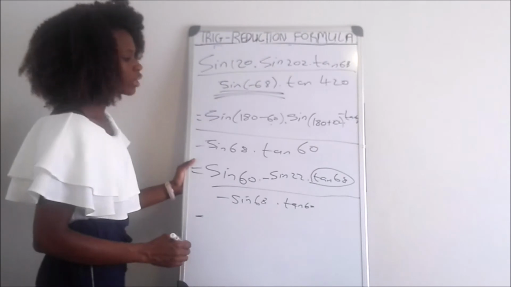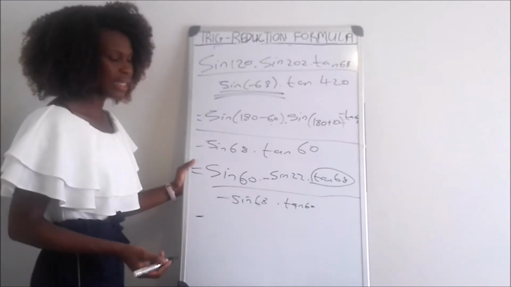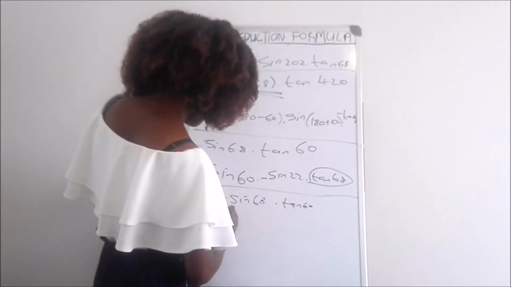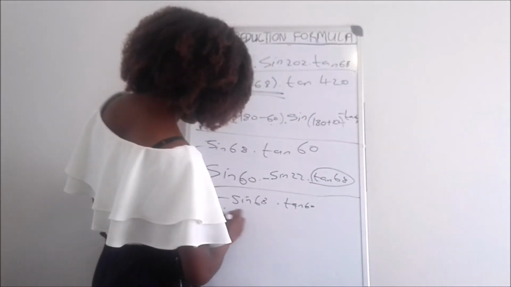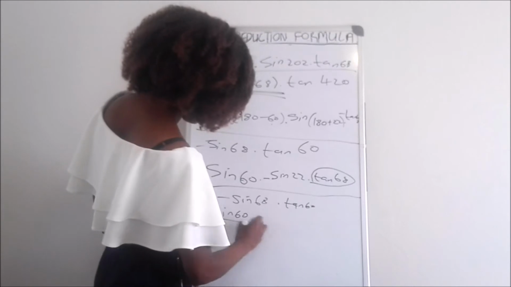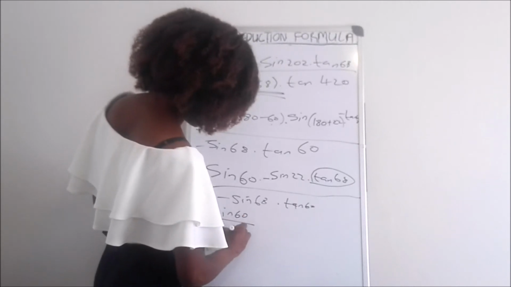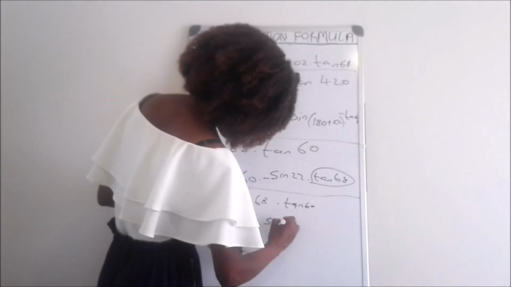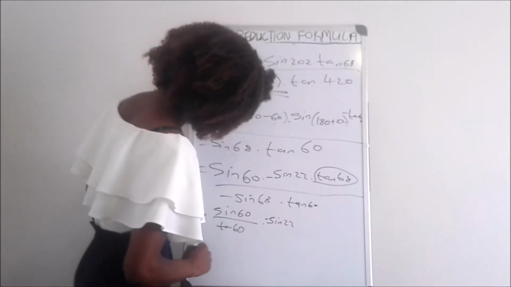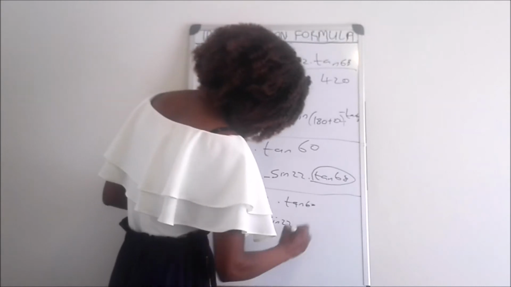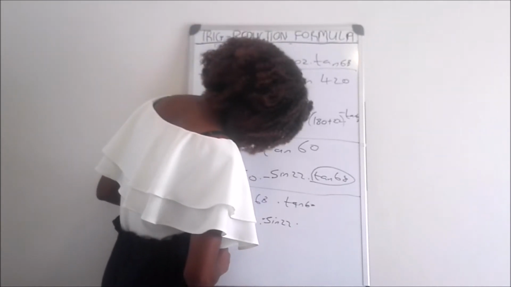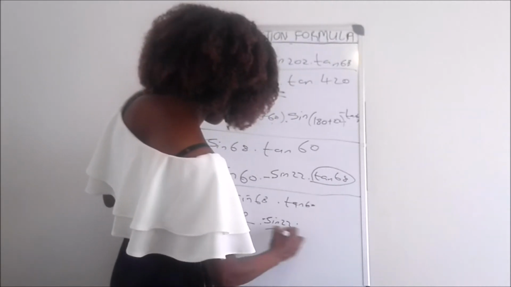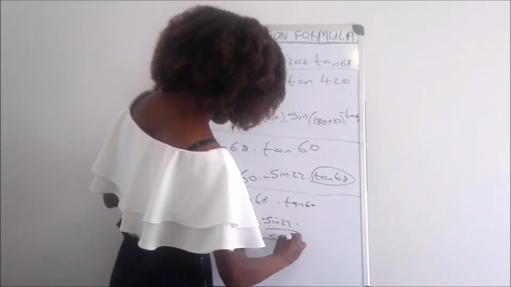Here we can change tan 68 to sine 68 divided by cos 68. What I will do is separate them: sine 60 divided by tan of 60, multiplied by negative sine 22, divided by negative sine 68, sorry, I meant to say that.